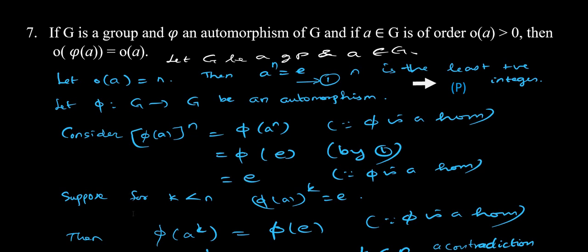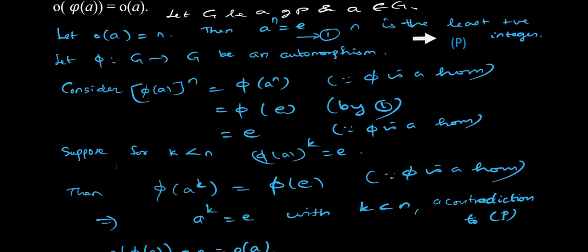Now, we do not know whether there will be any other k less than n which satisfies this. So, to rule out that possibility, we suppose, if possible, that there is some k less than n for which phi of A power k is the identity element.